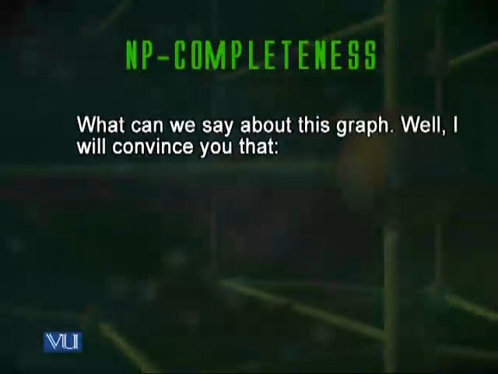What can we say about this graph? Well, I will convince you of a very interesting thing. Suppose the formula phi is satisfiable, then this graph is going to have a Hamiltonian path from S to T. The converse of this statement is also true, namely that if this graph has a Hamiltonian path from S to T, then phi must be satisfiable.